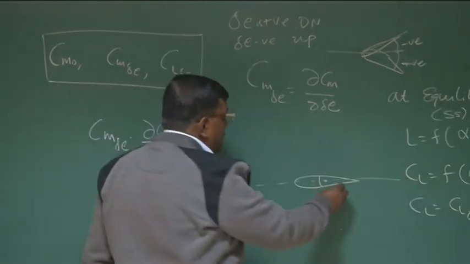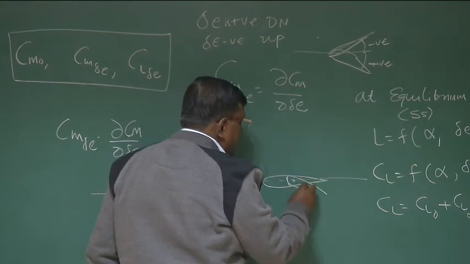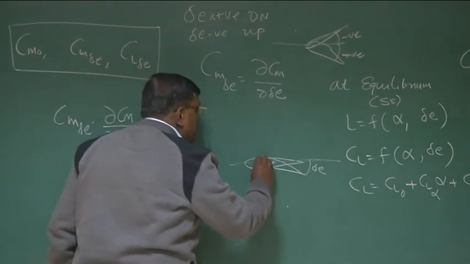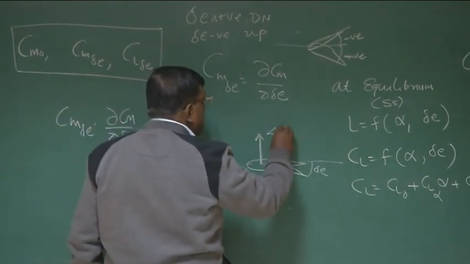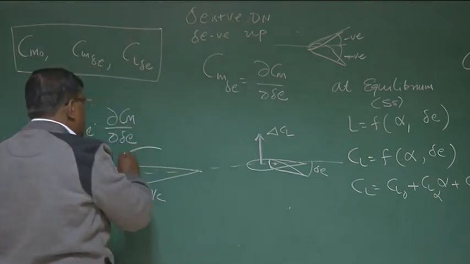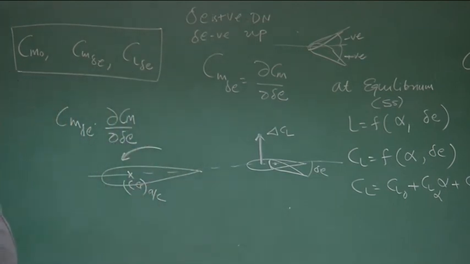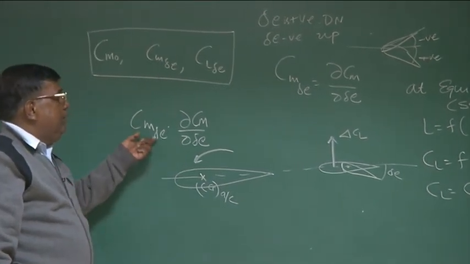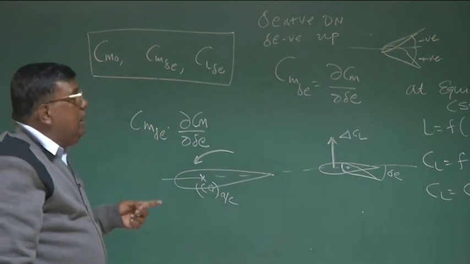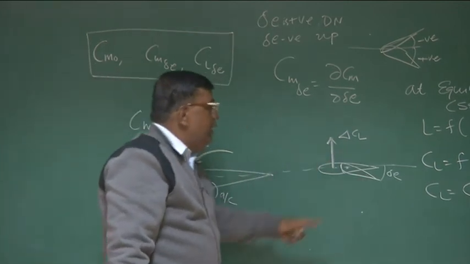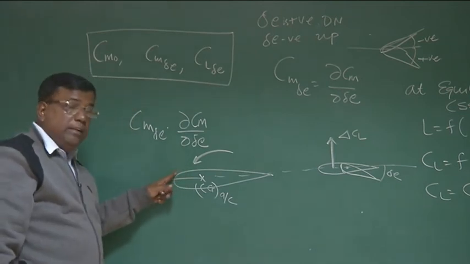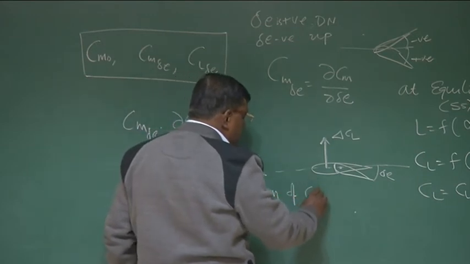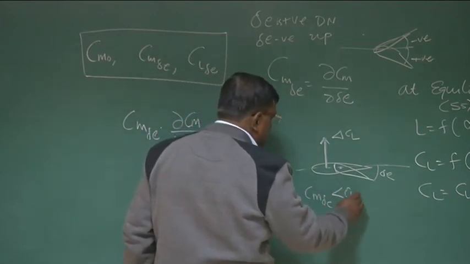So we give first a positive elevator deflection, delta E. It will generate additional lift delta CL, which gives a moment about the CG, and that can be non-dimensionalized to get the value of Cm delta E. But one thing is clear at this point: for a positive delta E, the moment will be negative. So Cm delta E is negative.